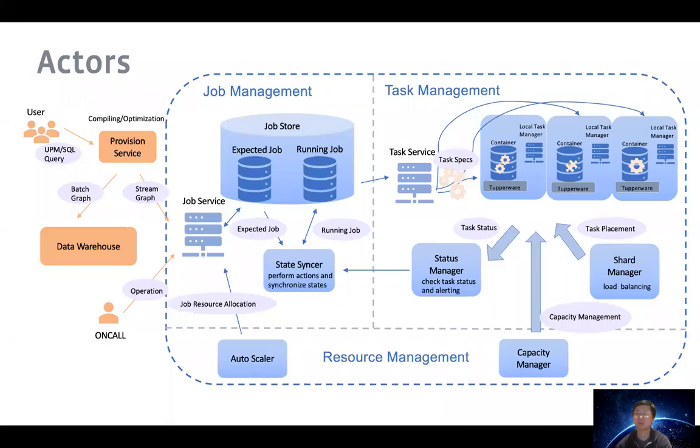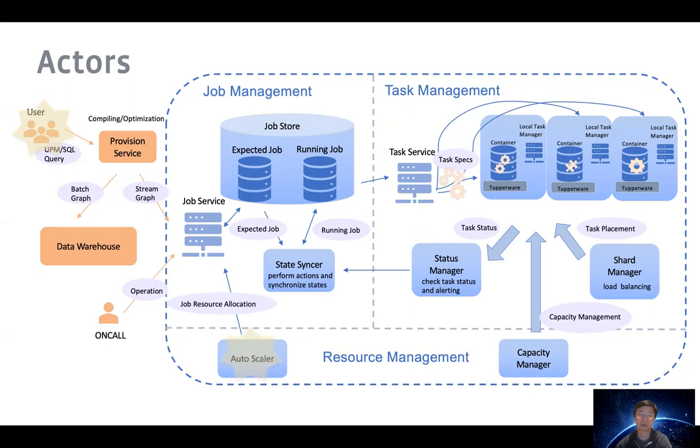So the first problem we want to take a detailed look at is who decides how many tasks we should have. There can be many decision makers here. First, we have the user. The user can provide some initial guesses. For example, here the user can say the number of tasks should be equal to the amount of partitions we have in the input Scribe category.